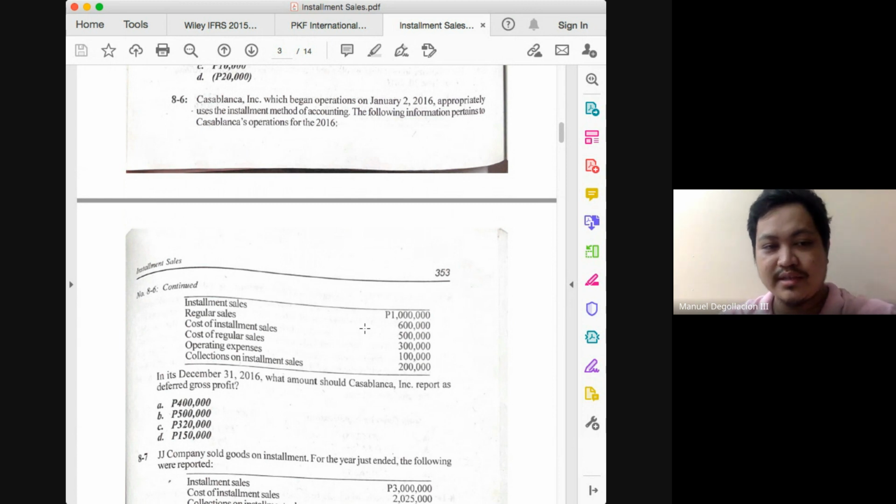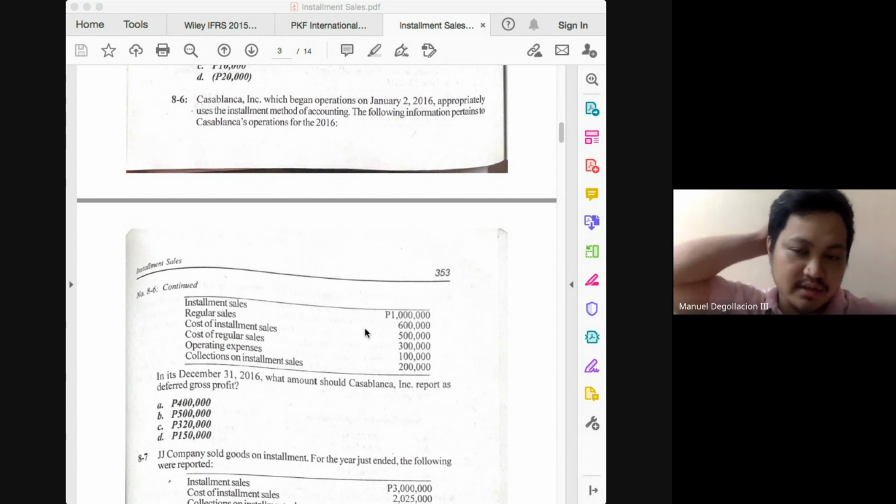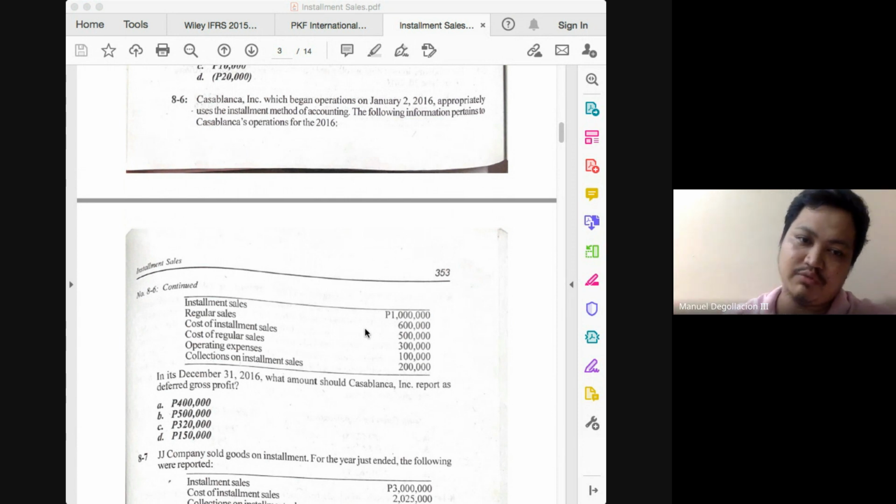And we can do that since we are given the cost of our installment sales. So if installment sales is 1 million and cost of installment sales is 500,000, that means our gross profit rate is 50%. So all you have to do is multiply the 50% with our computed ending installment receivable of 800,000. So 800,000 times 50%, you would get 400,000, and that would be our DGP.